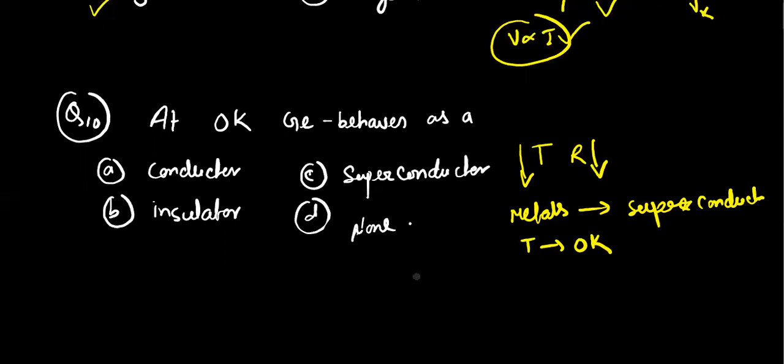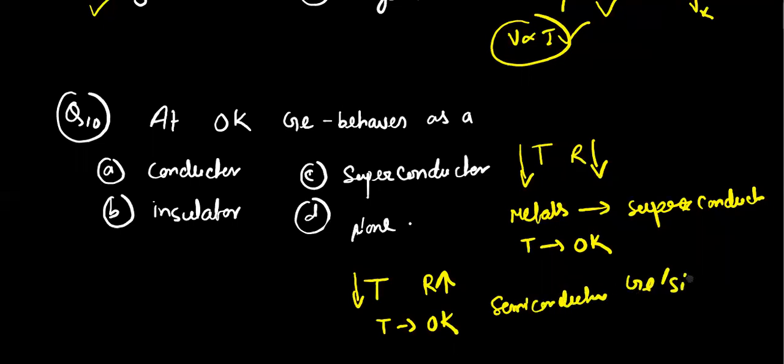Okay, and if the temperature of semiconductors gradually decreases, its resistance will increase, and as temperature tends to 0 Kelvin, semiconductors like germanium and silicon will behave as an insulator. Okay, so option B is the correct option.